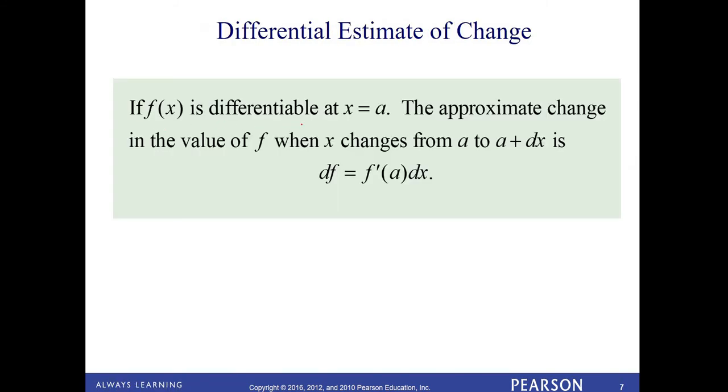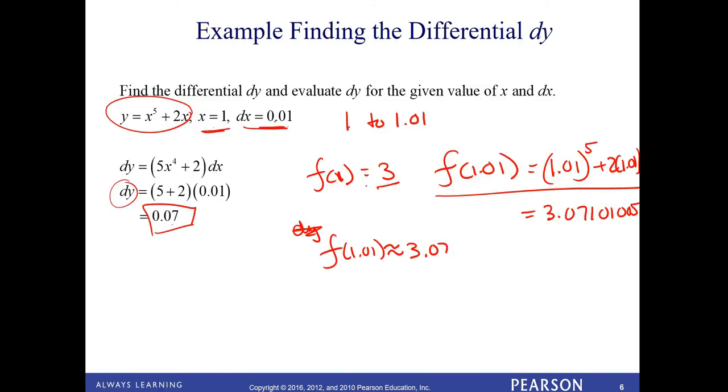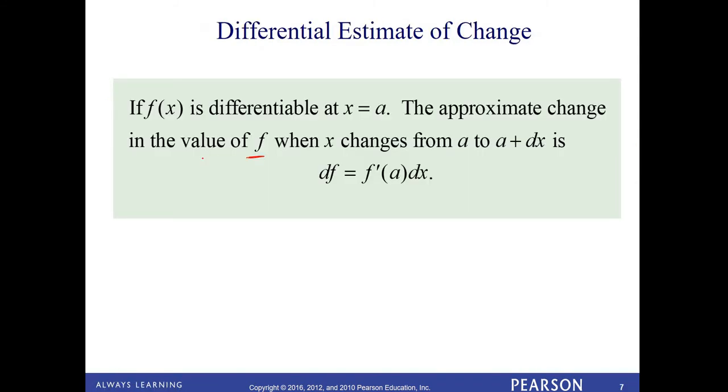So if f of x is differentiable at x equals a, the approximate change in the value of f, this is the approximate change, not the new value. You notice back here, remember, we had to add that to our original 3 to get our new function value. The approximate value of f when x changes from a to a plus dx is df, the differential estimate, equals f prime of a dx.